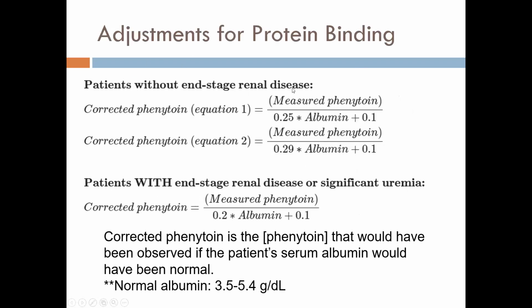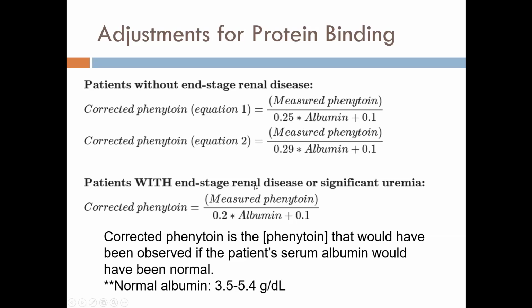For patients without end-stage renal failure, this is one equation you can use, and here is another equation you can use. So you put in your measured phenytoin here, multiply 0.25 times your albumin level in grams per deciliter, and then add 0.01. Or you can use 0.29.